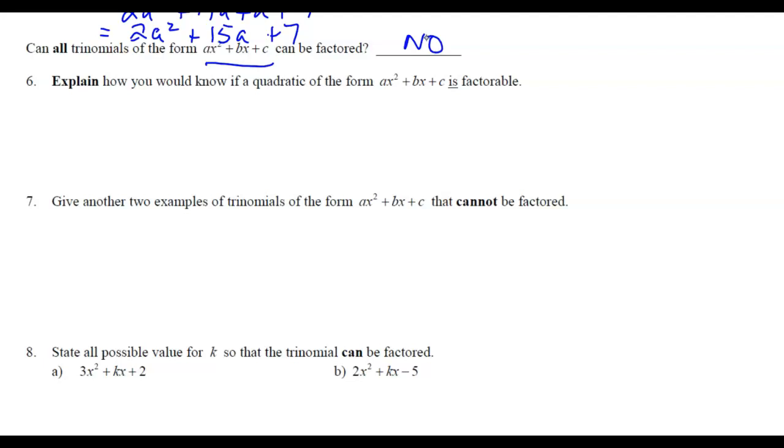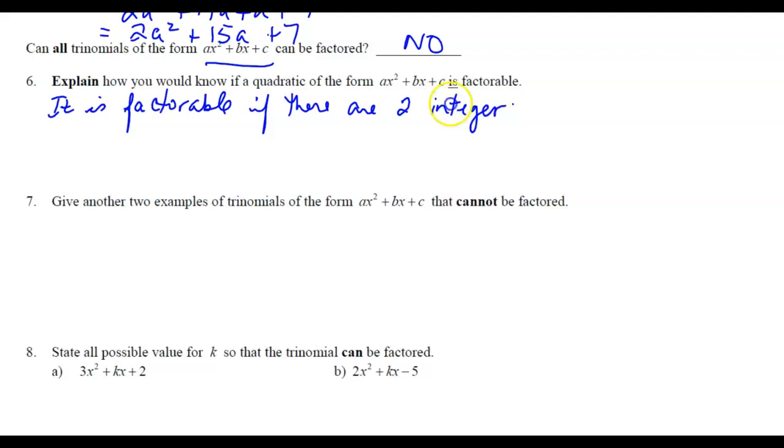So it is factorable, if there are two integers, I'll call them integers rather than just numbers, because we don't use fractions or decimals.